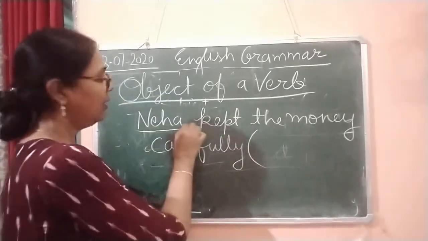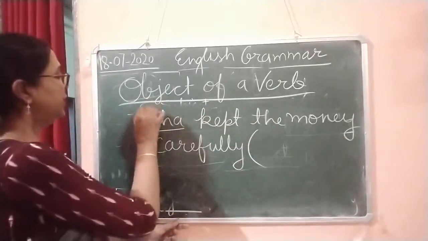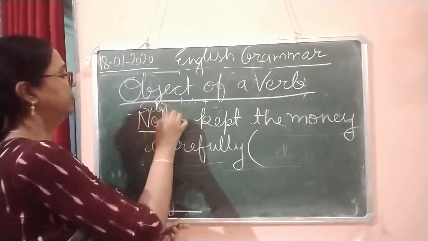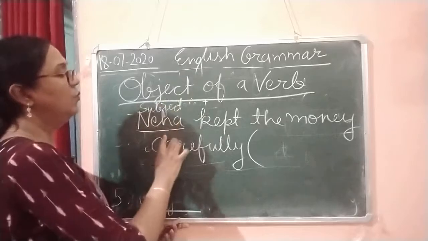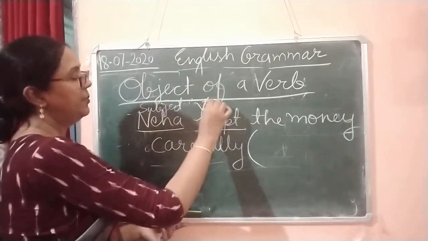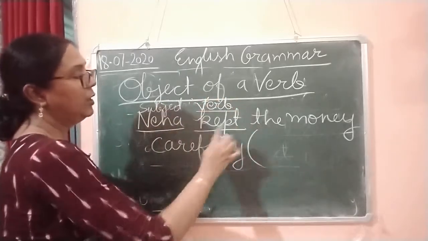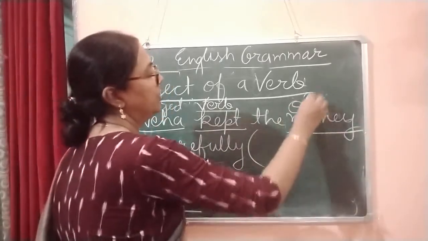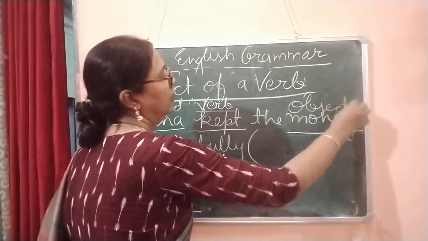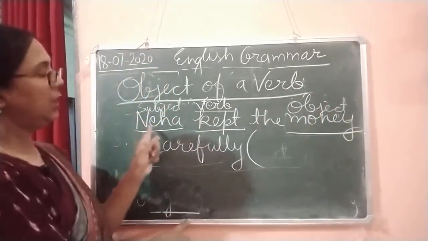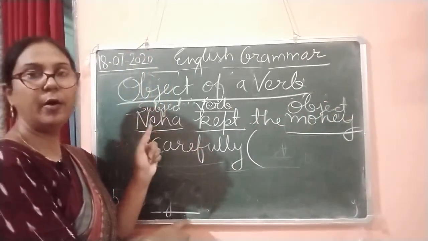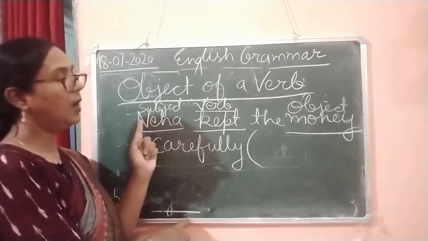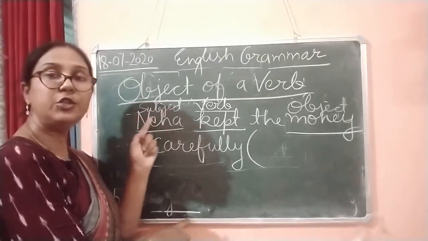So Neha becomes the subject, and kept is the verb, and what she kept is the money. Money is the object. Neha, what did she keep?